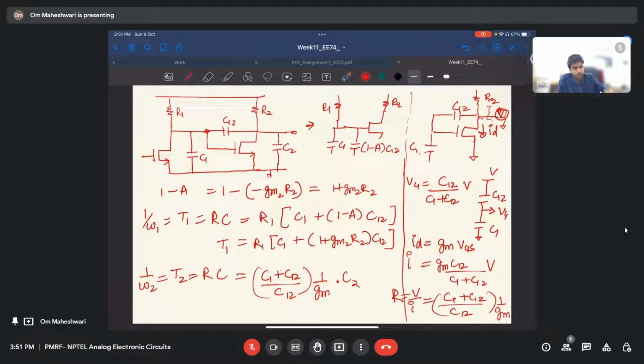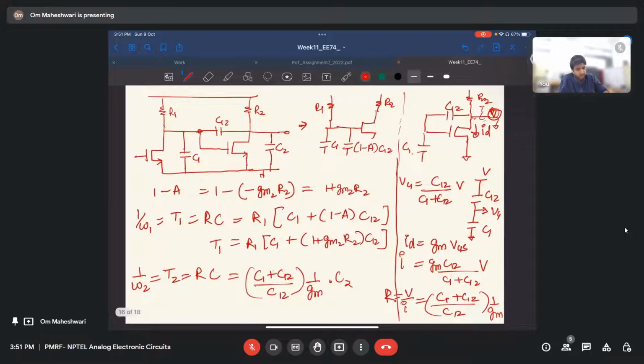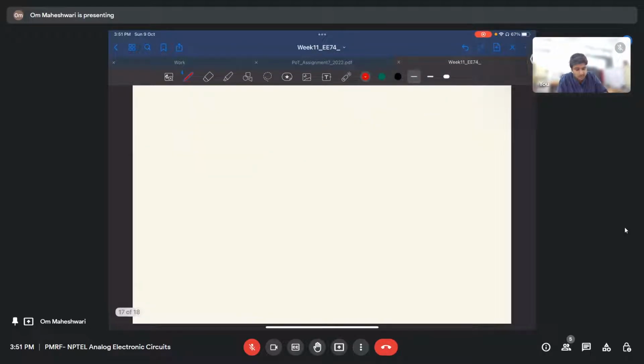What we have to do next is again what we did in the previous question. We find T1 by T2, equate it with X, and then find C12 using a quadratic equation.